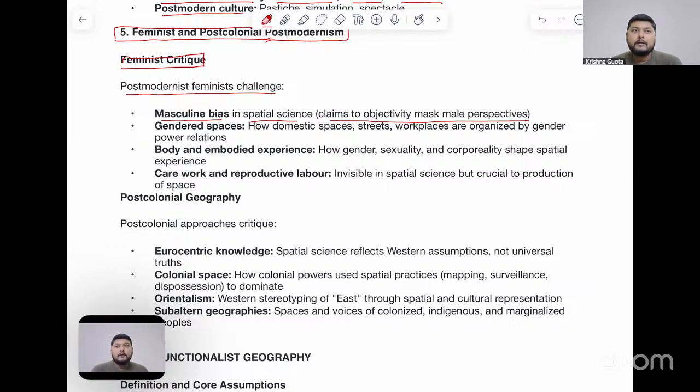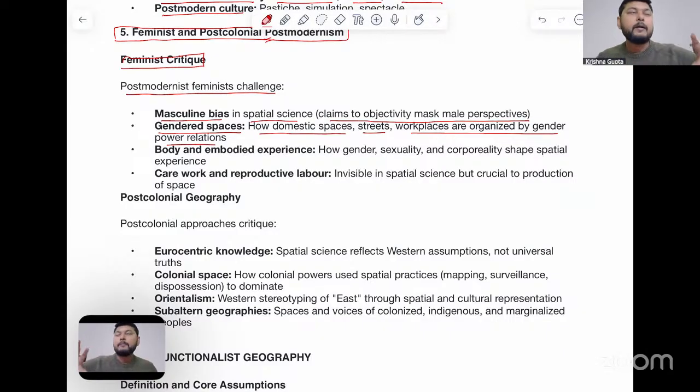Who will do the clothes today? Who will wash the dishes today? That is by default women here. So there were certain gendered spaces also: how domestic spaces, streets, and workplaces are organized by gender power relations. If you look at the market, more males will be working there. If you look at general spaces, more things will be from the male perspective.